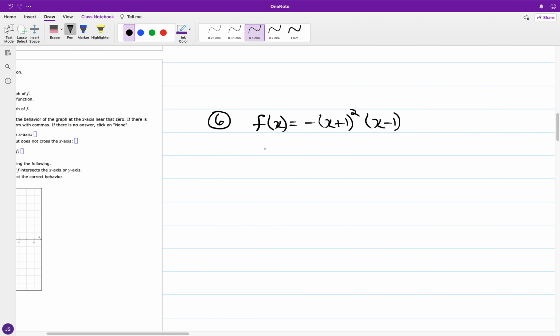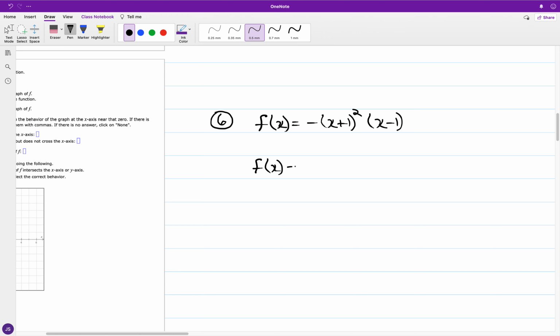And just rewriting this, f of x, the minus is in essence like minus 1, times the quantity x plus 1 to the second, times x minus 1.